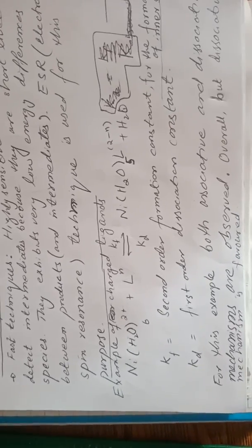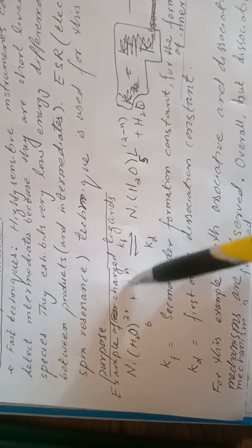Let's take an example of a nickel aqua complex and a monodentate ligand here and describe the number of donating groups. Here if this N is 1, then this is the monodentate ligand.